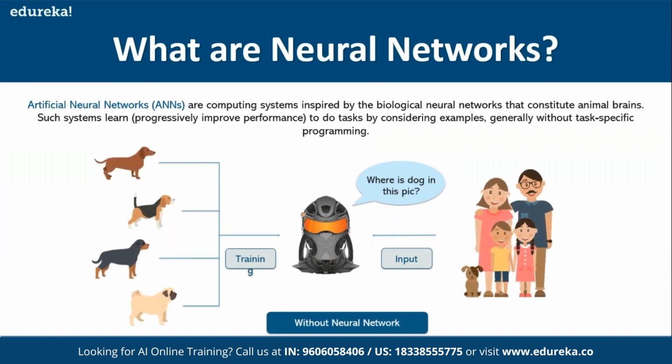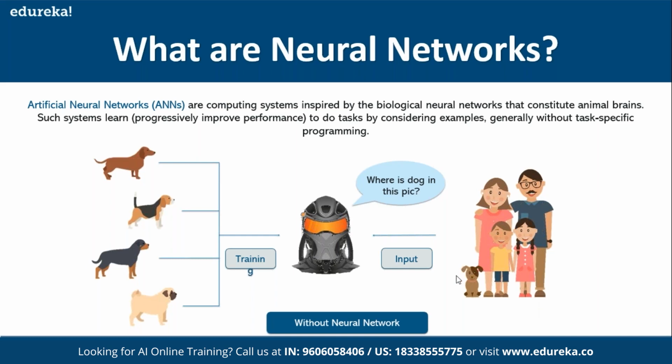So, what is a neural network, or artificial neural network? It is predominantly called ANN. What you see here is a very interesting image. You are seeing some kinds of dogs, and you are showing an application a photo of a family with a dog.